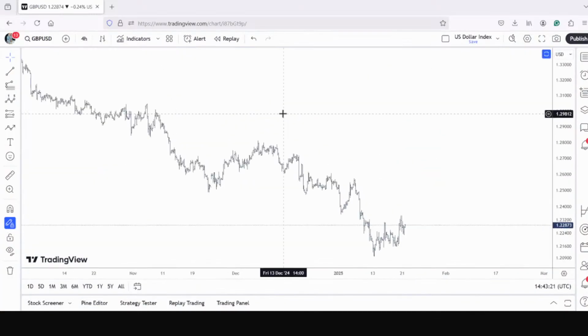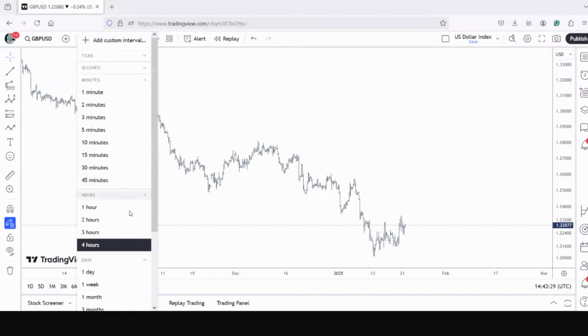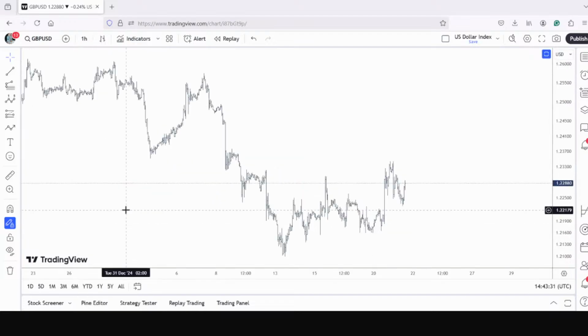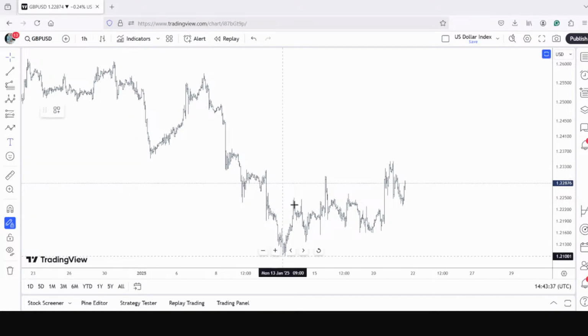We have already traded, but look at that. The sideways action of pound has been more than what we saw in the euro USD.